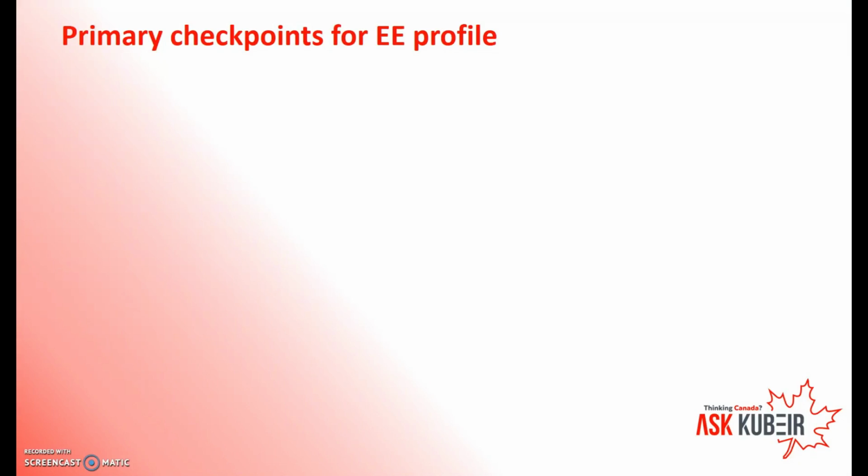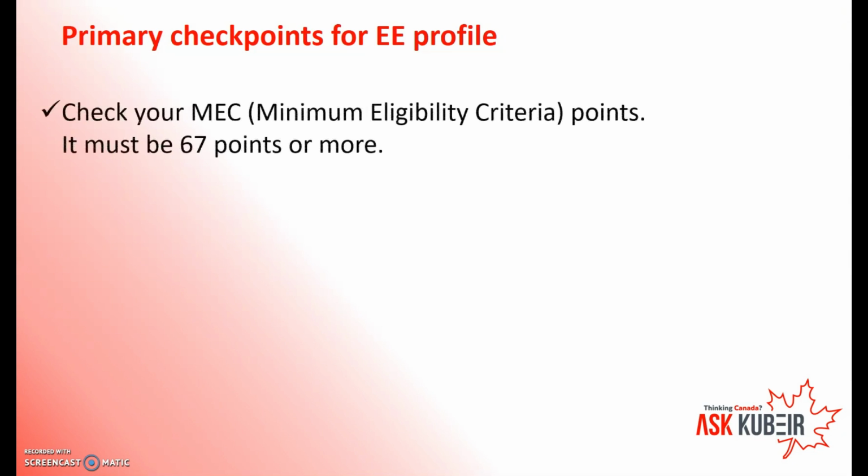The main reasons why a profile becomes ineligible are these. So let's first go over the primary checkpoints for an Express Entry profile. The first one obviously is, have you scored 67 points or more on the 100-point grid for your minimum eligibility criteria? The IRCC link has been posted below in the description of this video.